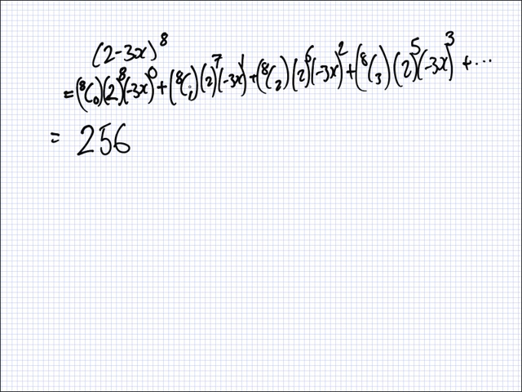8 times 128, what is it? And then times 3, so it'll be in the thousands now. What is it? Negative 3072. Yeah, 3072x. Plus 6128x squared. Very good.